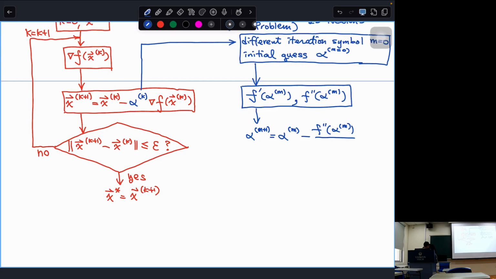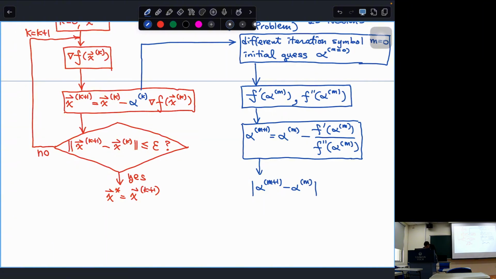F prime here, F double prime at the bottom. And then you will do the convergence check. Alpha is just a scalar, so only the absolute value sign. Is it smaller than some small value? Okay. A check. If not, go back to here.